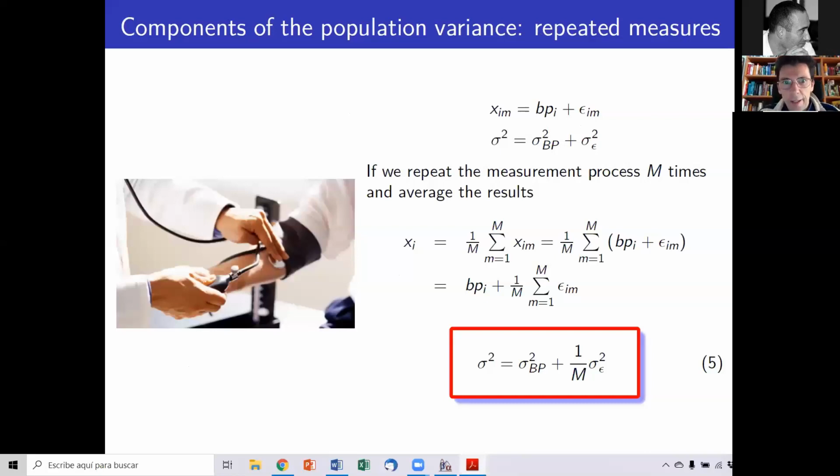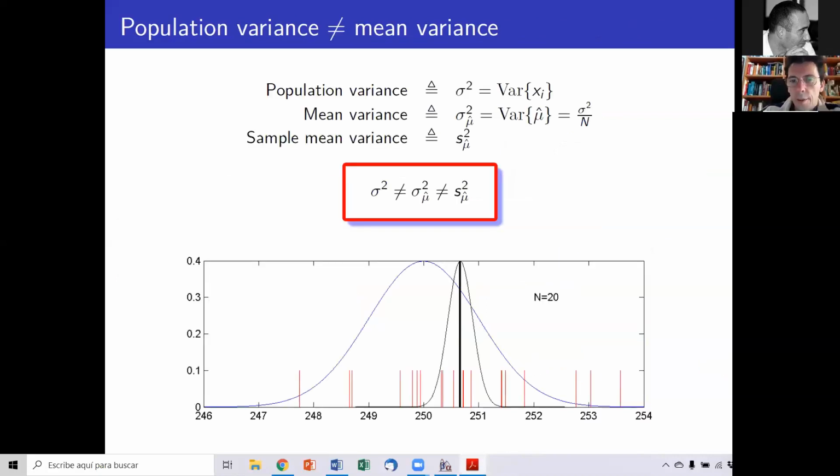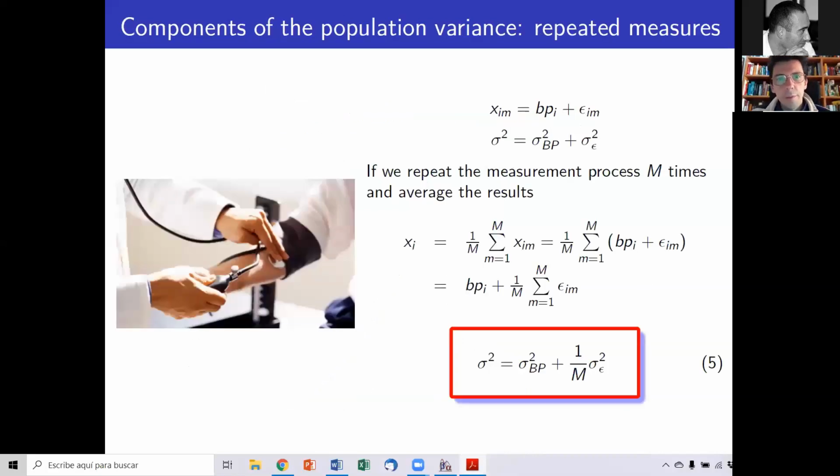Then, let's say that my observations have some variability. Can I reduce a bit the variability of my observations? So let's think of the process of measuring, for instance, blood pressure. My observation is the blood pressure observation.